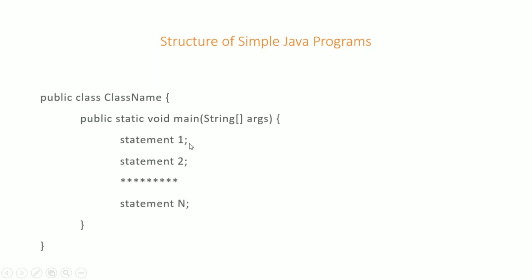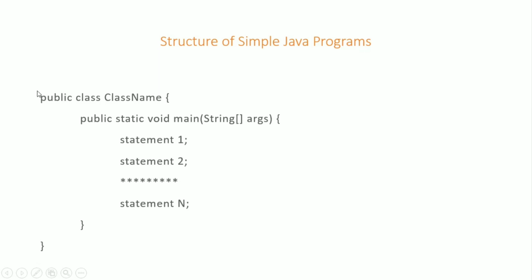Statements are terminated by semicolons, so that's why after every statement here we have a terminating semicolon. There is no limit as to the number of instructions we can have in a program, and that's why here we have from statement 1 down to statement infinity.